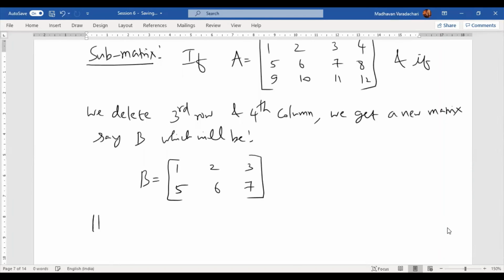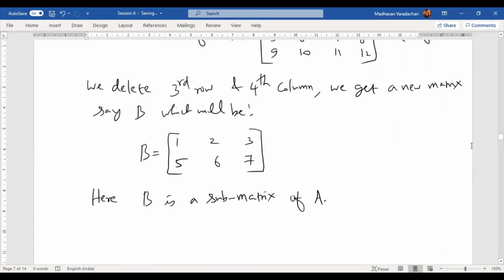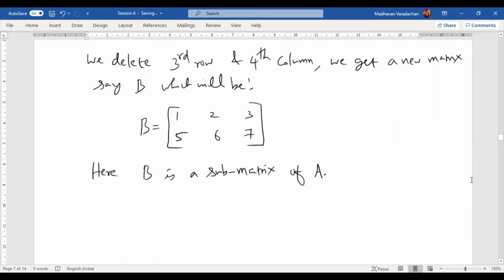Here we say B is a submatrix of A. So what is the definition of a submatrix?